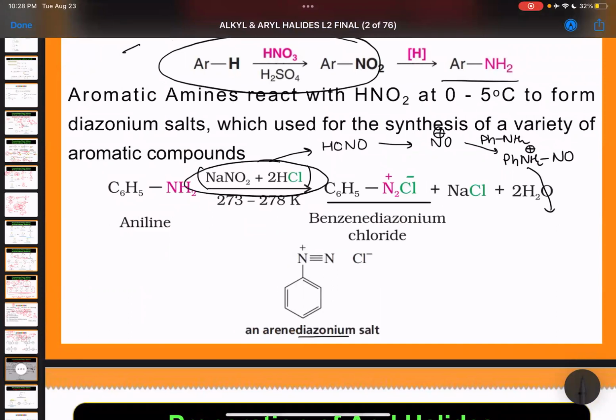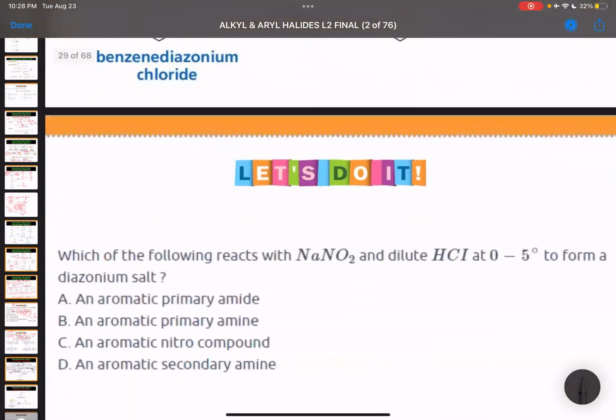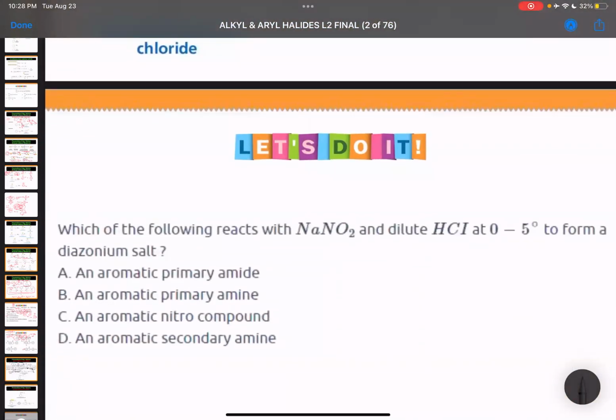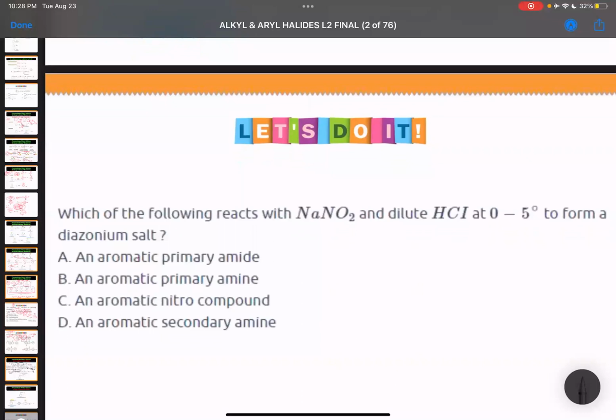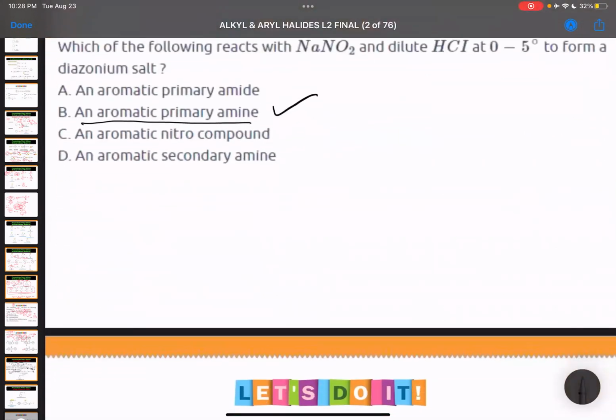It was reacted with aniline. And aniline is the common name. Aromatic primary amine. Exactly. It is the B. Right. Very good. It is B, aromatic primary amine.